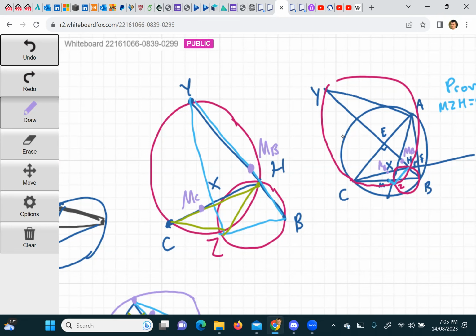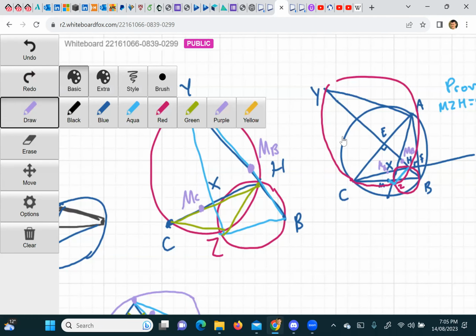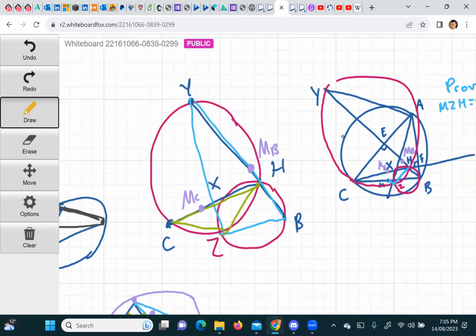Okay, so there's two ways to explain this. One of them is that basically whenever you get a spiral similarity, you get two intersecting circles. And the other way to explain it is by directly showing you the circle. Suppose that MB goes to MC, right?